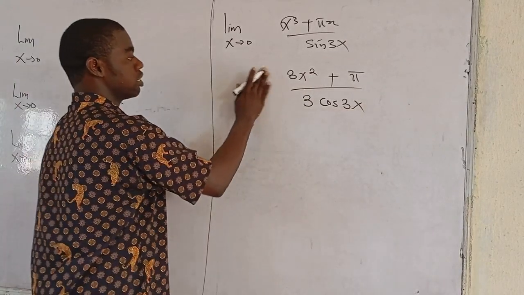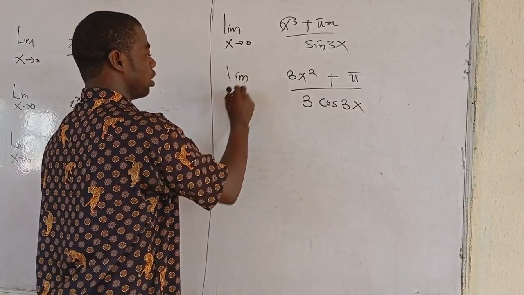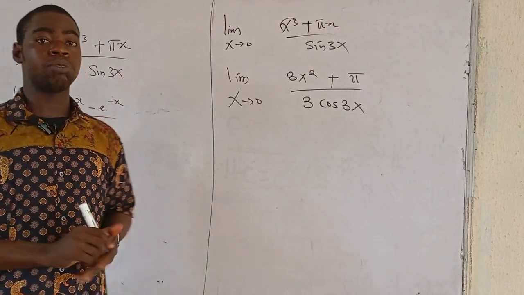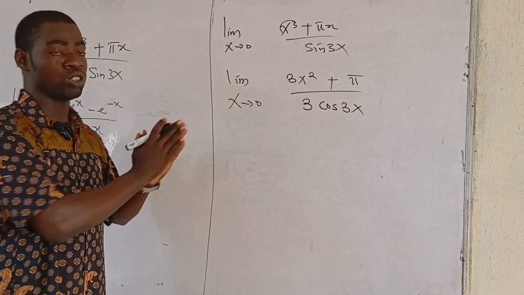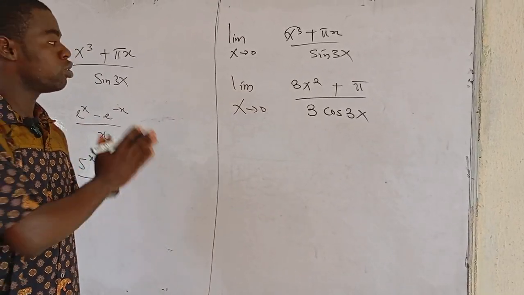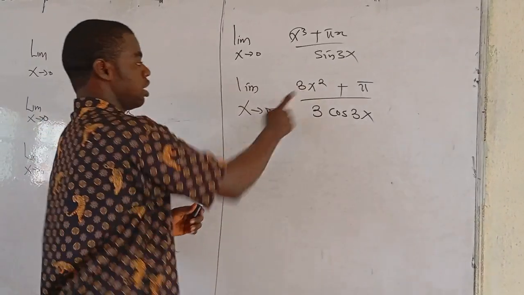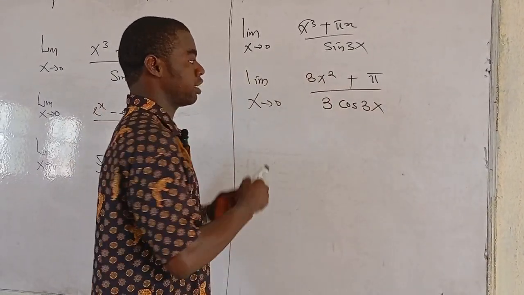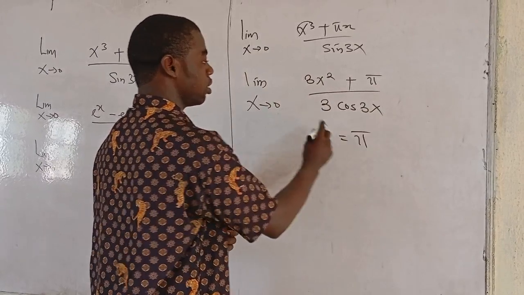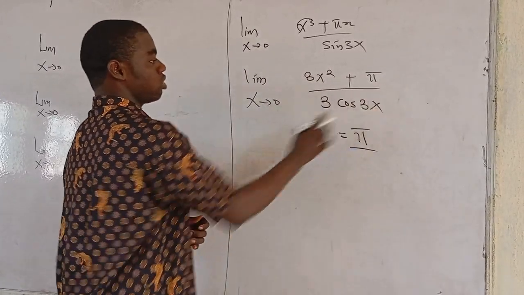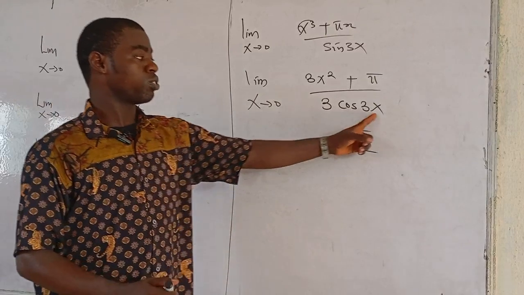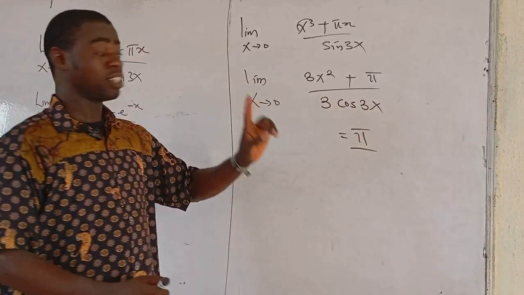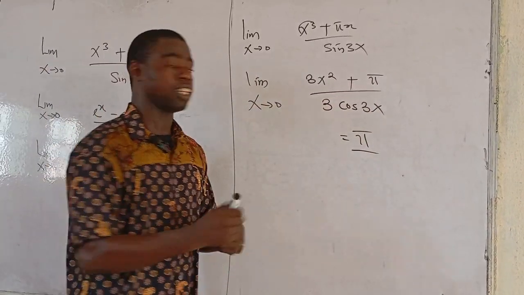So our limit as x approaches 0 is this, and at this time we can now substitute x for 0. Here 3 times 0 squared is 0, so we have 0 plus pi, which is pi, all over cos 3x, which is cos of 0 because x is 0. Cos of 0 gives us 1, and 1 times 3 is 3.